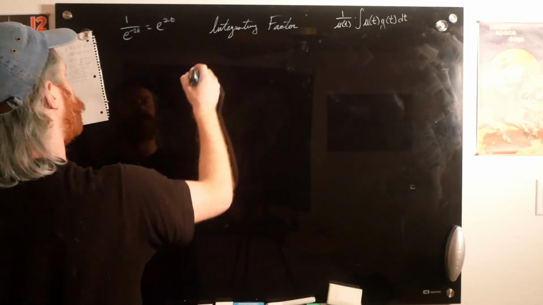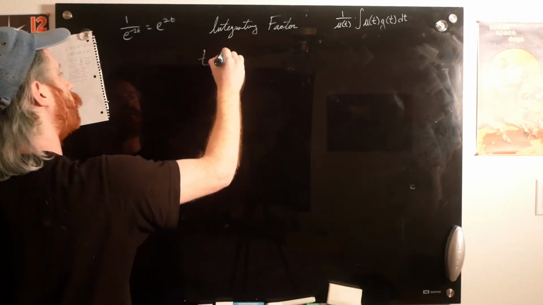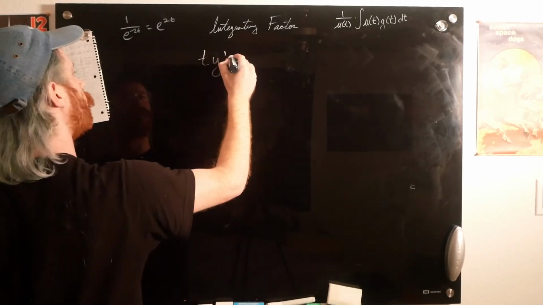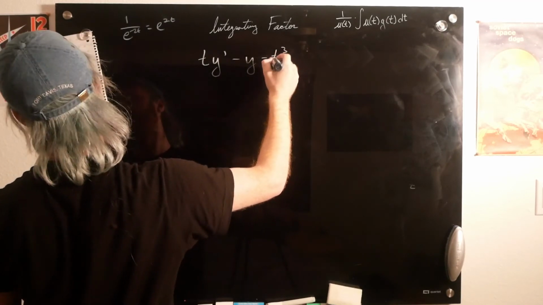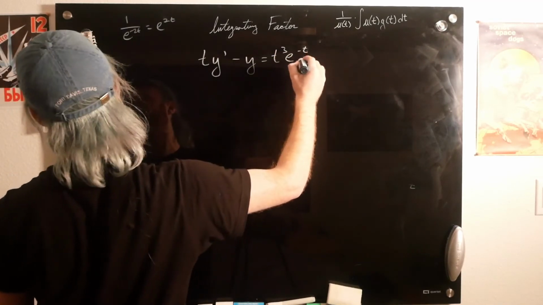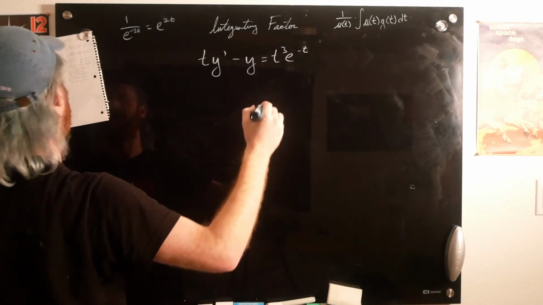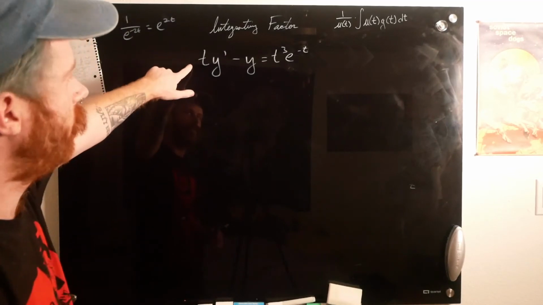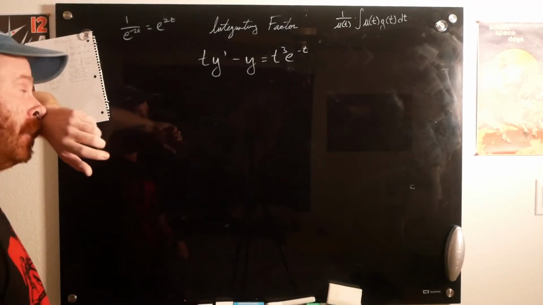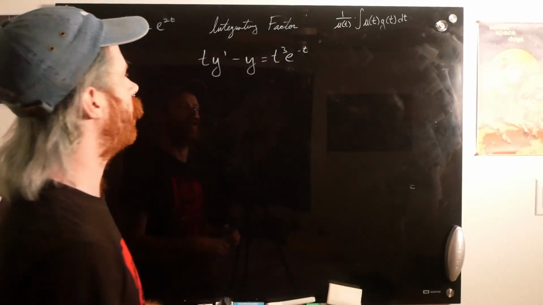Okay, so t y prime minus y equals t cubed e to the negative t, and okay, so we have a problem here because you can't have a t in front of this y prime. You have to divide everything across, right?